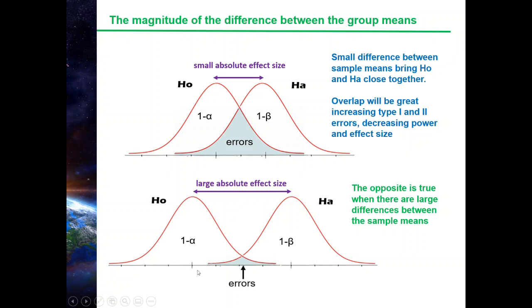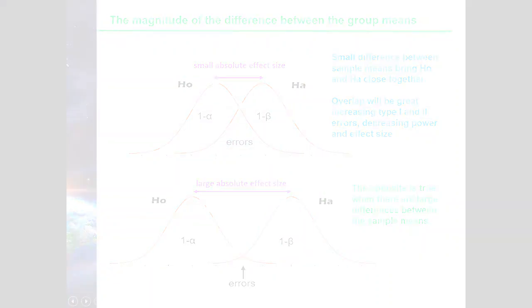But if you've got two means that are very different from each other, that will take H0 and HA and move them further apart. So you've got a larger absolute effect size. That will decrease the overlap between the two distributions. Both error probabilities go down, and the probability of making correct decisions goes up. See how this is a win-win-win?